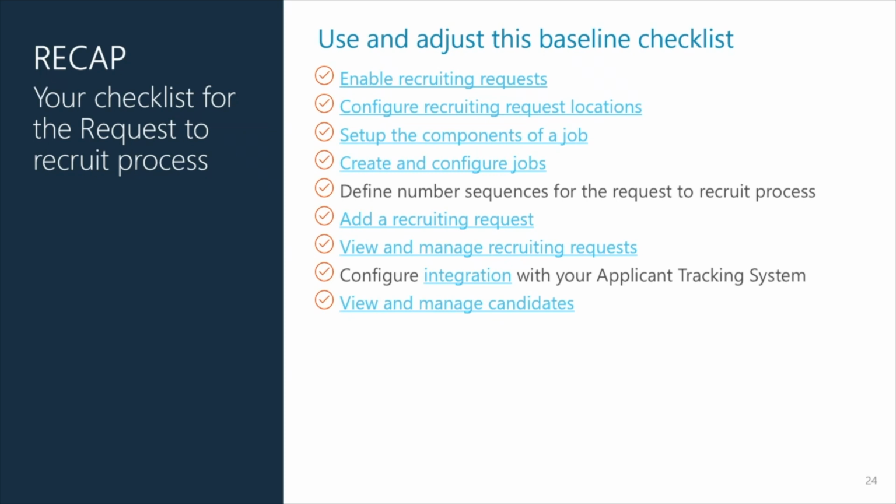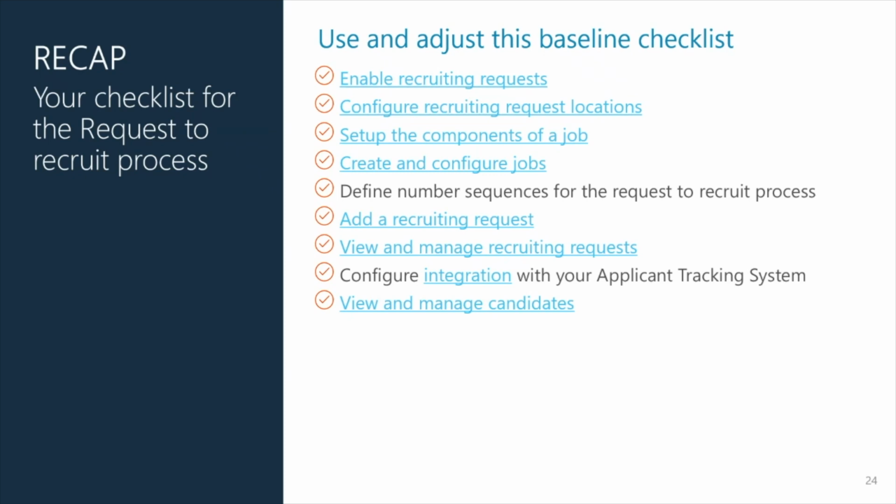After you've created those recruiting requests, you can start viewing and managing those recruiting requests in the system. So that's where you can enrich those details manually. And if you are integrating with an applicant tracking system, the integration link here will take you to the docs article that has a lot of details on how to configure, set up the queries, all of the data model, everything that we talked about today, how to get started with integrating.